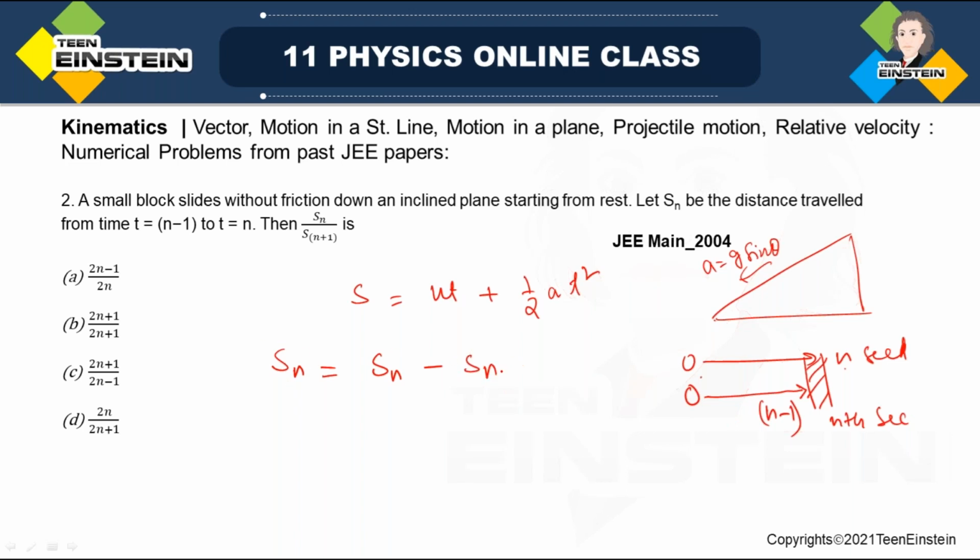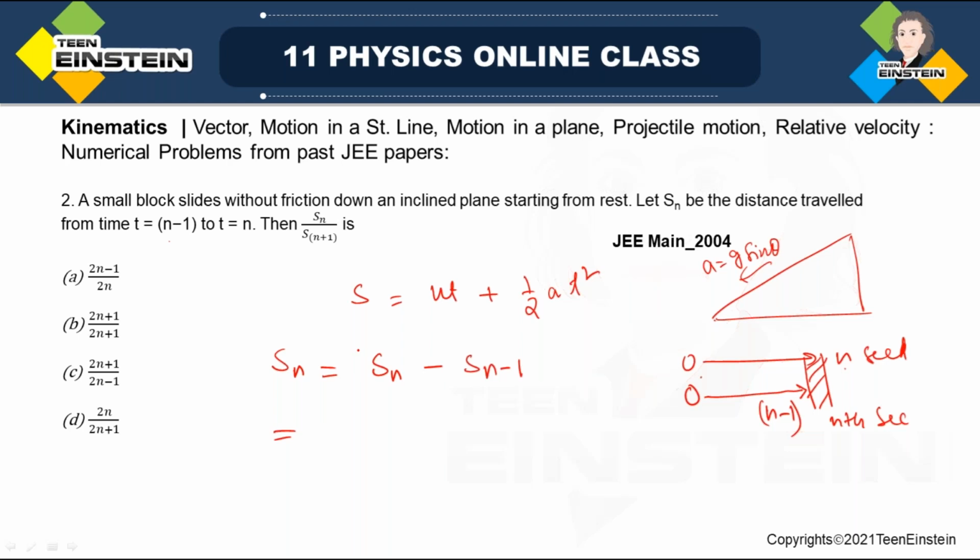This is the meaning of Sn. So in place of t, sometimes we will put n minus 1 and sometimes n, because the object travels from n minus 1 to n. So that is the distance Sn.